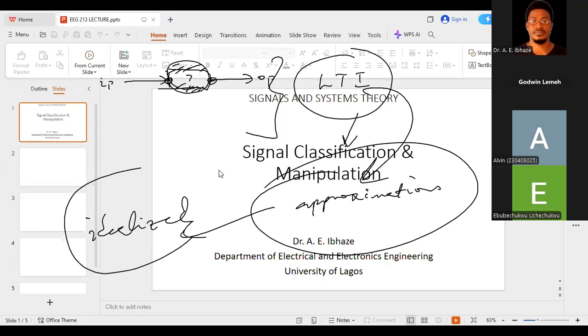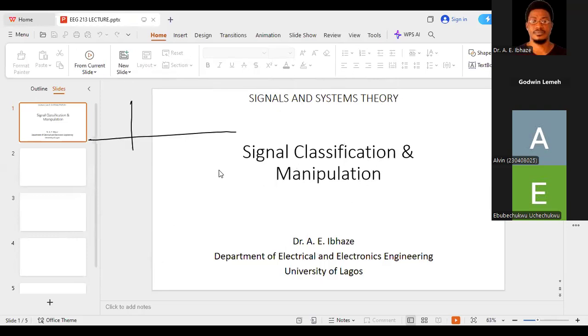Good. Now, also in our last class, someone took us to the deterministic signal, where we had to argue whether the DC is a deterministic signal.